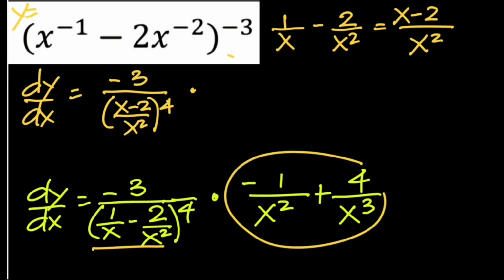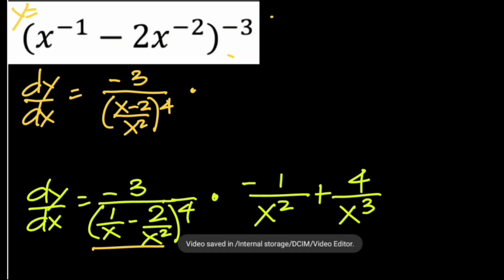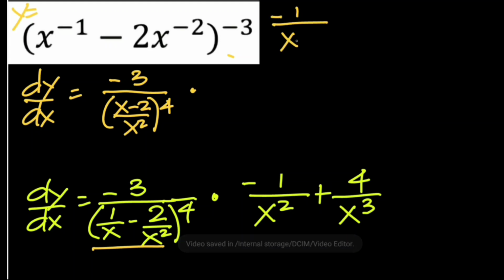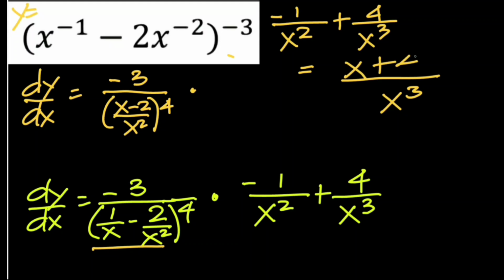And this one, we can also simplify that. Okay, negative 1 over x squared plus 4 over x cubed. This is just equal to, we get the LCD, which is x cubed. X cubed divided by x squared is x times 1 is x, plus 4.